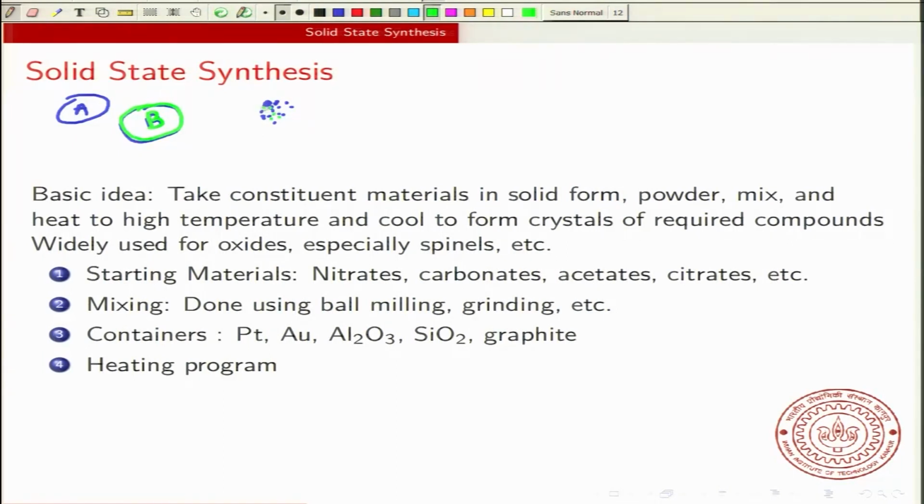So, then you have this finely mixed powder of A and B. This is A plus B powder.